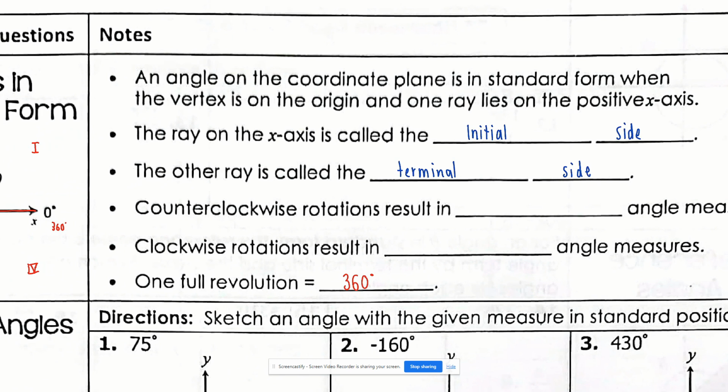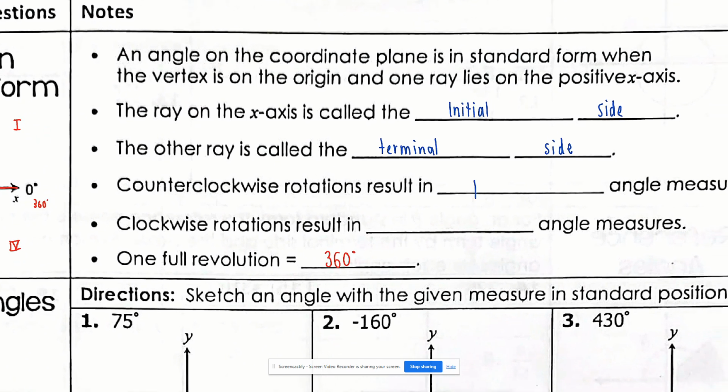If we're talking about angles around this coordinate plane, any counterclockwise rotation results in a positive angle measure. But if we go clockwise, it's going to be what? Negative. Okay, so think about this for a minute. Use your logical abilities.